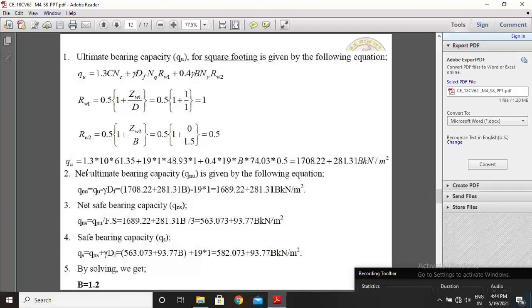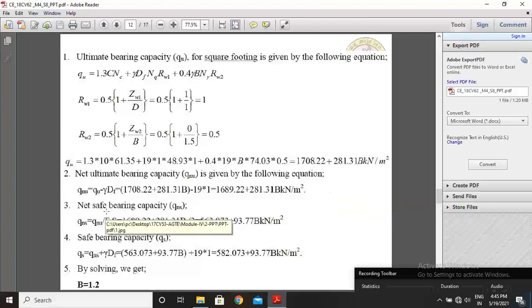Then next step, you calculate net ultimate bearing capacity, that is net ultimate bearing capacity equal to ultimate bearing capacity minus overburden pressure. Substitute the value, that is QU is this value minus gamma is 19 into DF is 1. So after calculations we are getting in terms of B, that is 1689.22 plus 281.31 times B in kilonewton per meter square.